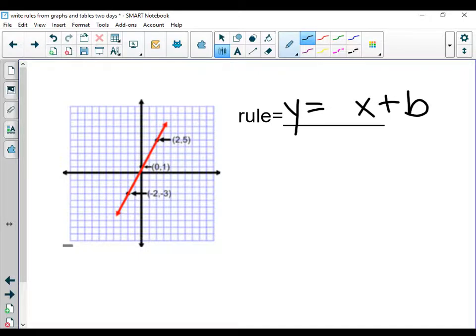Rise. And run. Yeah! Pete, rise, run. Did you count it? Rise -4 and then over 2. If you're going up, up 4.